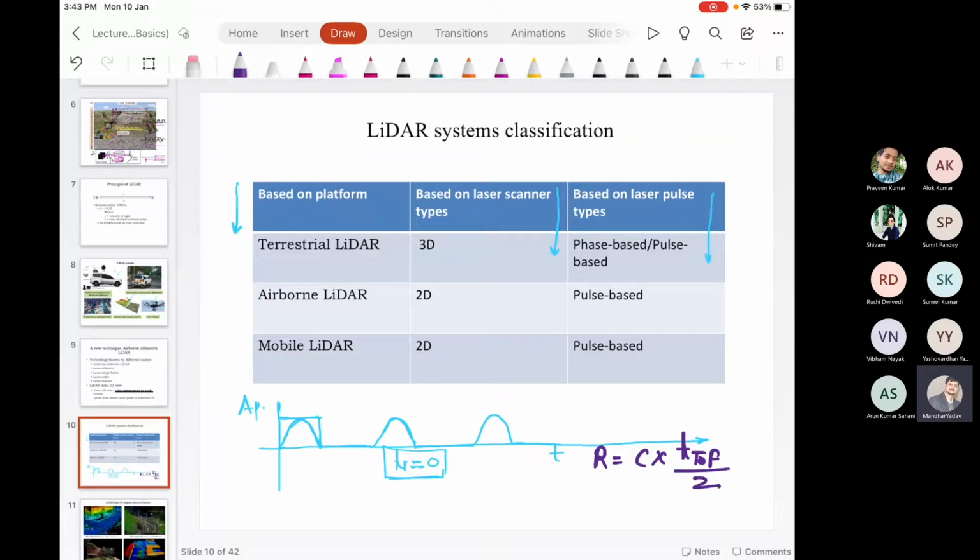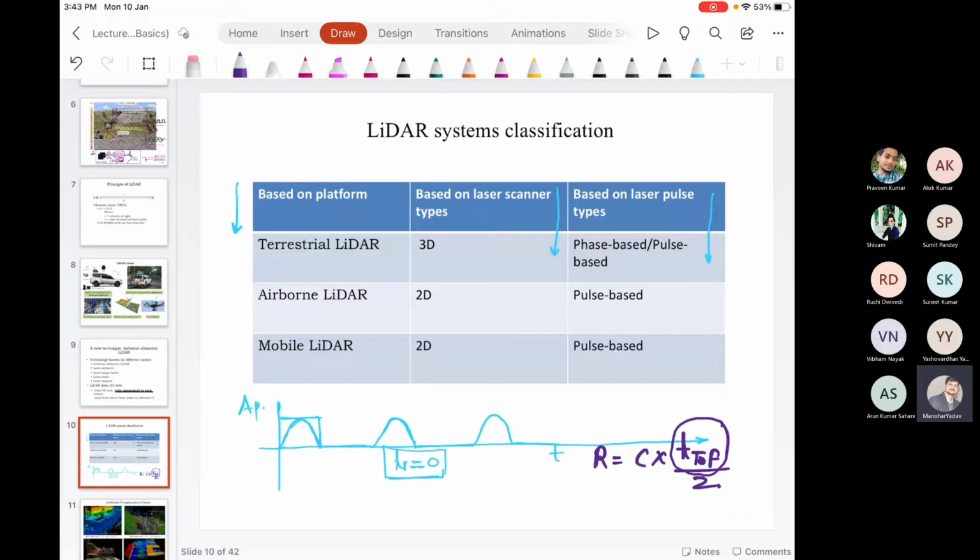This analysis we do on the basis of the time difference between the time at which the laser beam is transmitted and the time at which the laser beam is received at the receiver.